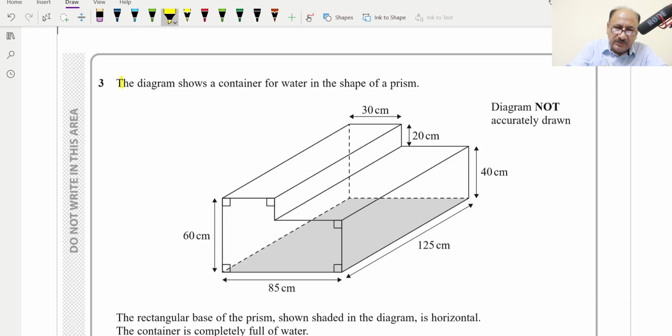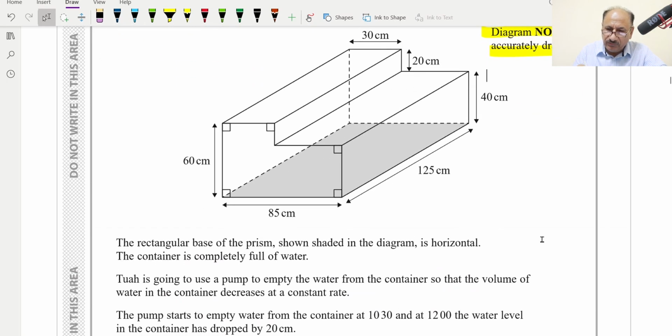Question number 3 says the diagram shows a container for water in the shape of a prism. The diagram is not accurately drawn and the dimensions of the diagram are already provided. The rectangular base of the prism, shown shaded in the diagram, is horizontal. So this shaded base is horizontal. The container is completely full of water.